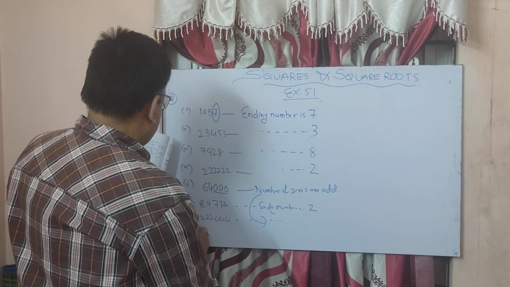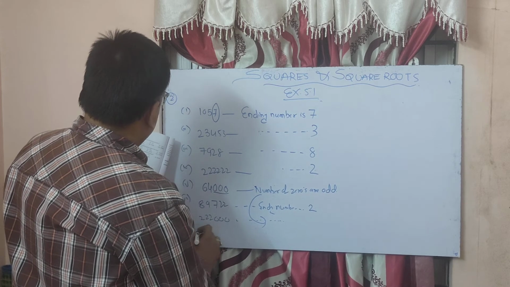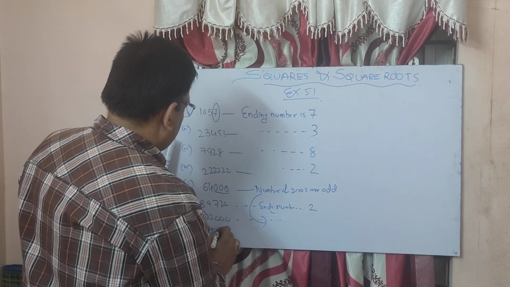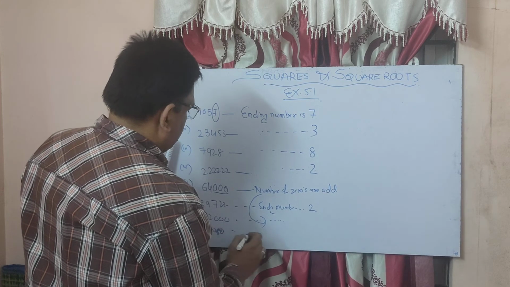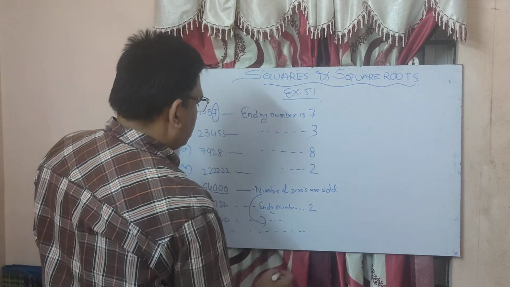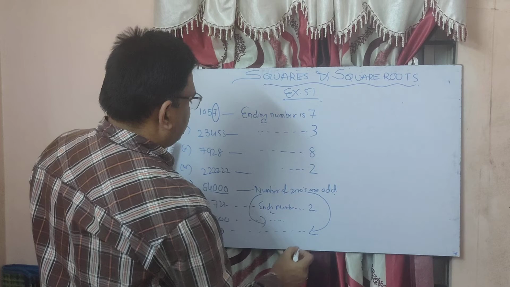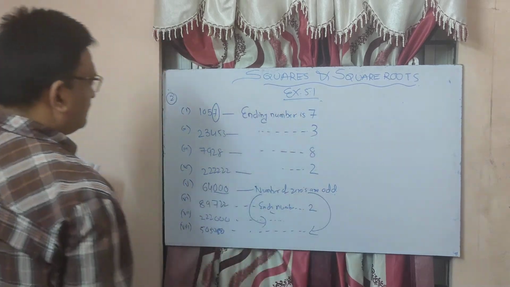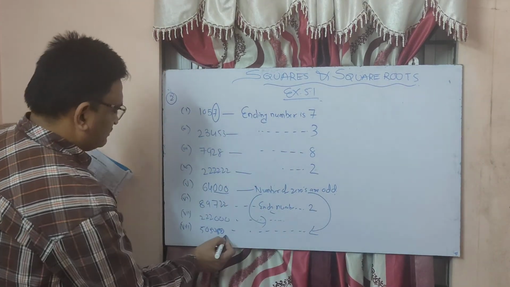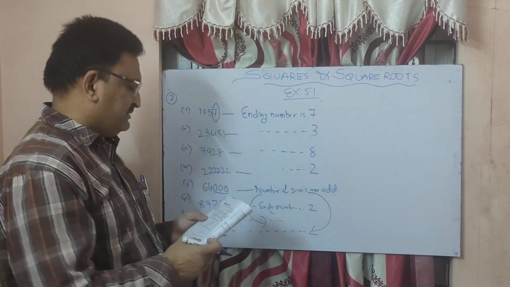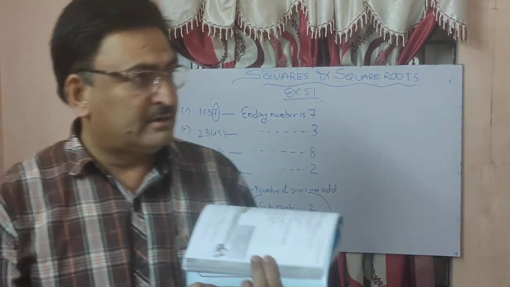Next number, 8th one, 505050. Ending numbers are the same thing, odd. Same thing you tried. Number of zeros are odd. So this is how you have to write it.